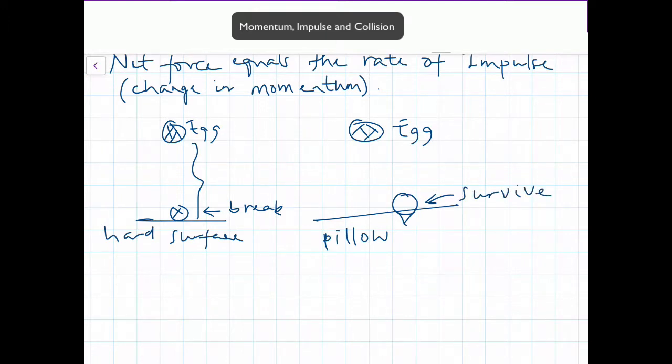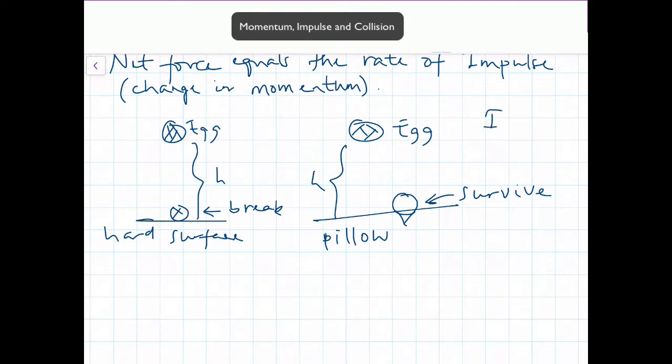The difference between those two is that the egg was dropped at the same height, right? If this is height h and it is the same height, how is it possible that it survives here but not on the other one? The main reason can be explained in terms of impulse.